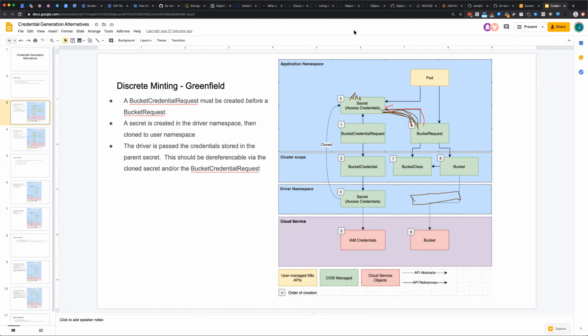I get what you're saying, Andrew, but for brownfield, I assume we would need the credentials in order to bind, for lack of a better word, to that bucket. So I'm sorry, let me be clear about what I'm suggesting. I'm suggesting that you have a flow that results in actual provisioning of a bucket in the cloud service. That's a flow you only have to execute once per actual bucket.